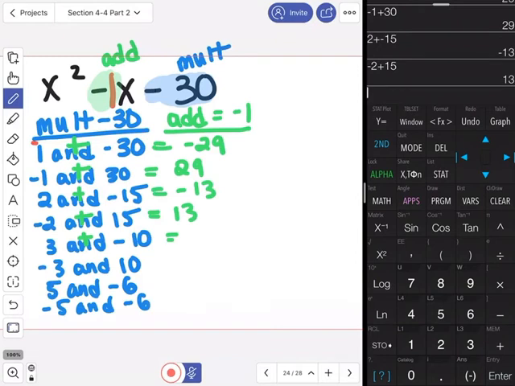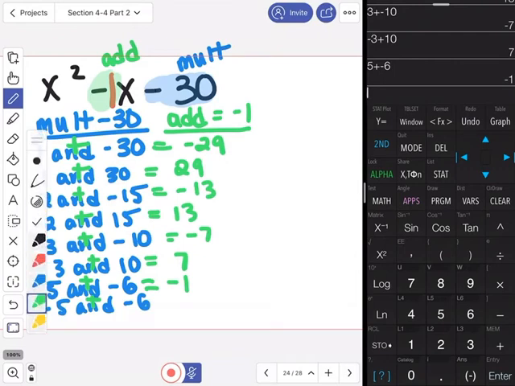Negative 2 plus 15 equals 13. Then you can add 3 and negative 10, so 3 plus negative 10 equals negative 7, or negative 3 plus 10 equals positive 7. Then you can add the 5 plus negative 6 equals negative 1.